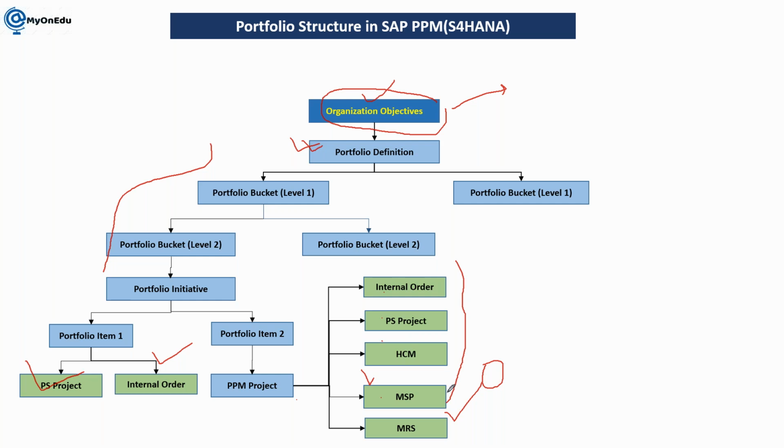Can we have a group view of the rolled-up cost of portfolio item one and item two under the portfolio initiative? Yes, we can do. The same sequence of rolling up of cost will happen here. Whatever PS project cost you have can roll up to the item, then to the initiative, then further to the next level of bucket, up to the top level.